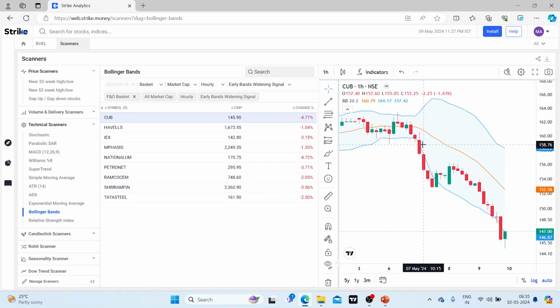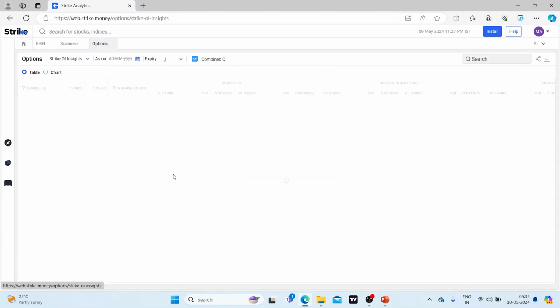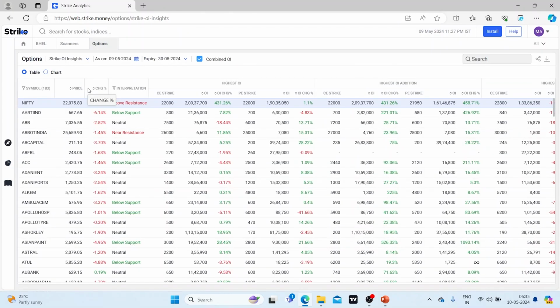Now the second part of our setup is options open interest, for which we will go to analyze options, and the screen we will be using is Strike OI Insights. In this screen, there are two main things which are of interest to us. One is the highest open interest, both for the CE strike and the PE strike.